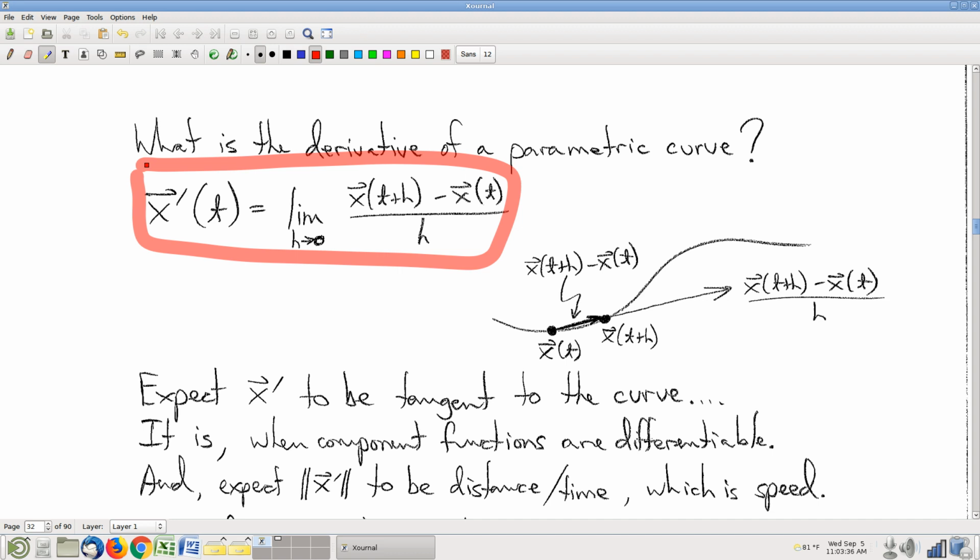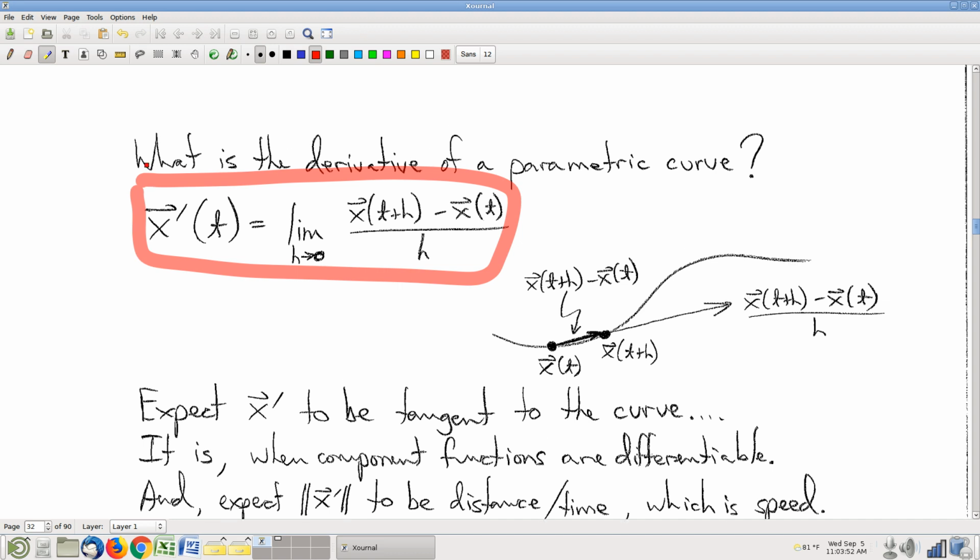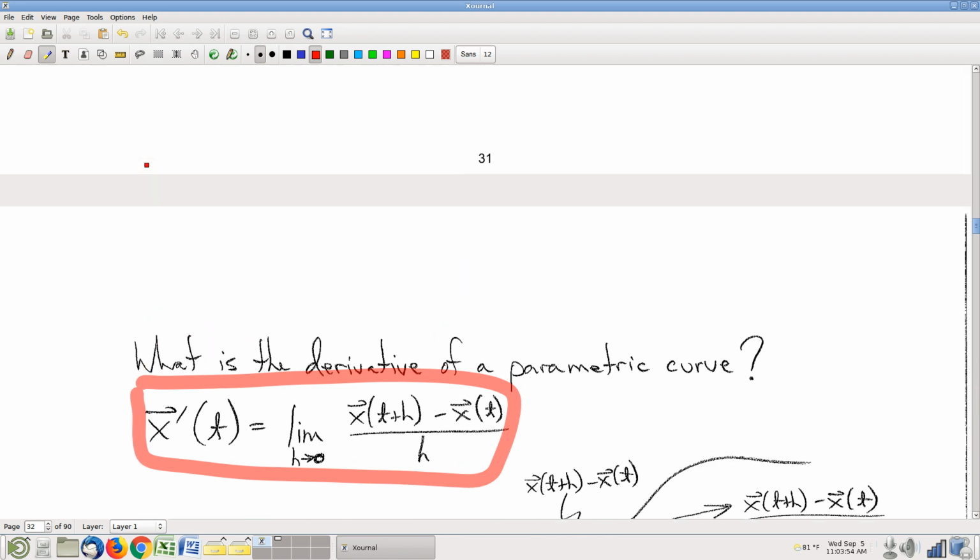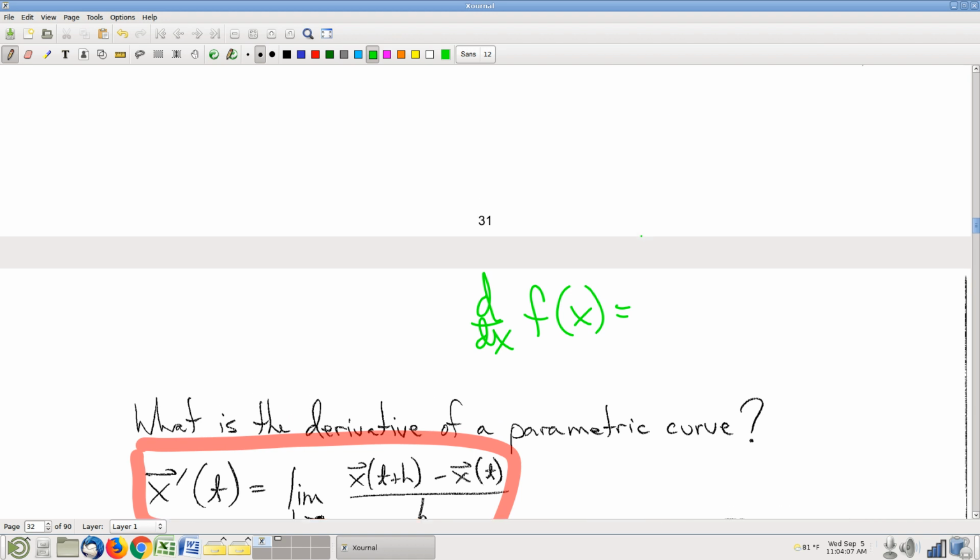In Calc 1, I want to say it a little more precisely, but the devil is in the details. In Calc 1, the derivative gives you the slope of the graph. Specifically the graph. If you want to interpret derivatives as slopes, it is required that you look at your function f of x as a graph.